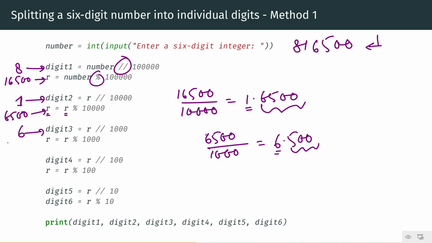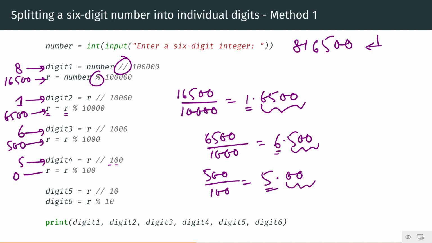Now r contains 500, and we keep doing this. The remainder was 500, and we divide by 100. 500 divided by 100 gives you 5.00. That 5 is our 4th digit. Digit4 has 5, and the remainder is 0. There is no remainder.